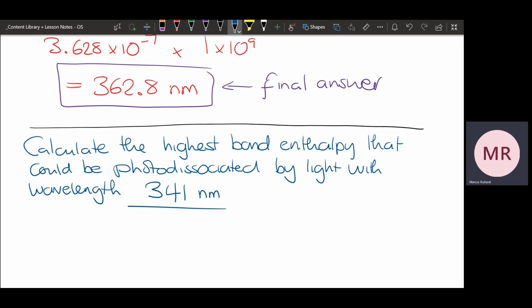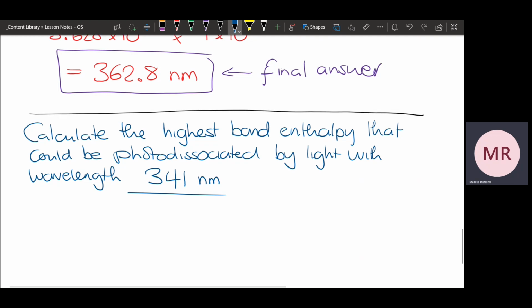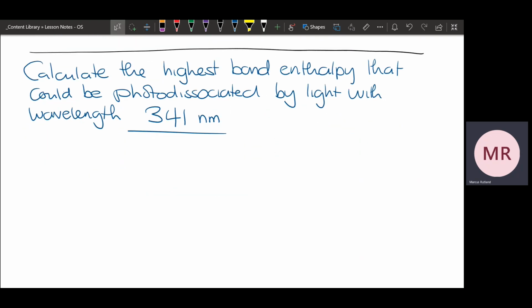Okay, so this is exactly the same calculation in reverse. So see if you can apply the logic and get there. So pause the video, have a play. When you're ready to check, then come back and see if you're right.